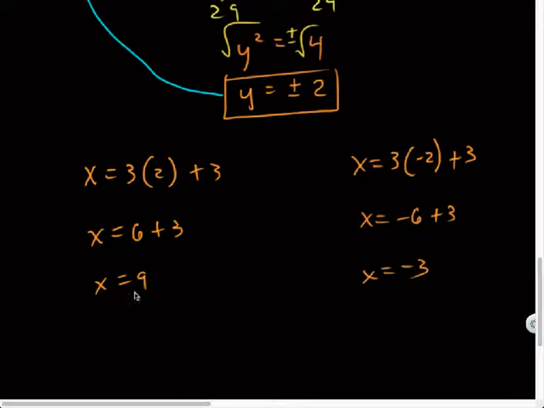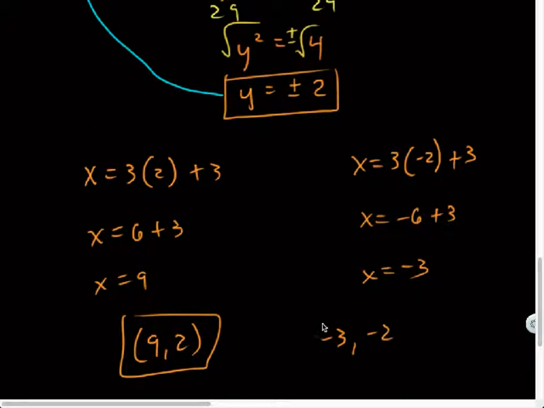So my solutions are the points (9, 2) or (-3, -2). I have to make sure I pair up the right ones with the right ones here. So those are my solutions, and fortunately that verifies with what I'd anticipated from my pre-done problem here.